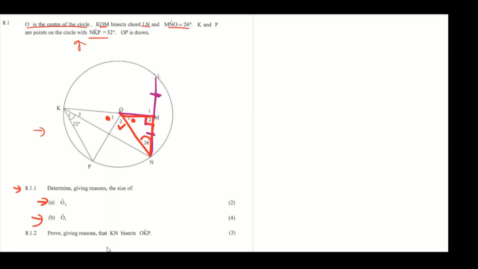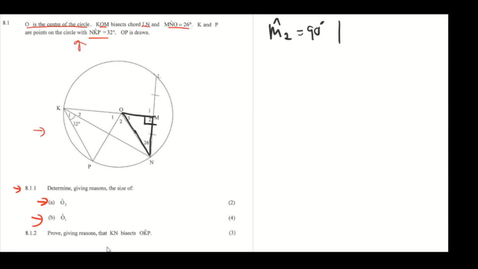We just want to find O3. I hope that's making sense now. So let's first find O3 before we find O1. How do we find O3? As I said, we're going to use this triangle here, where this is 90. So M2 is equal to 90 degrees.